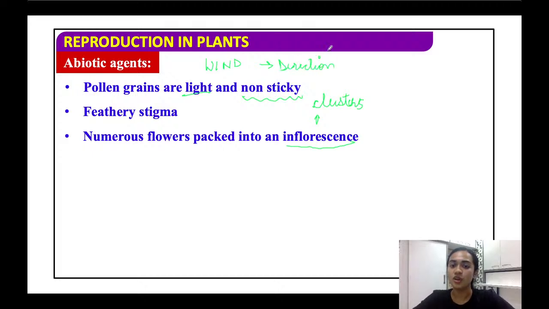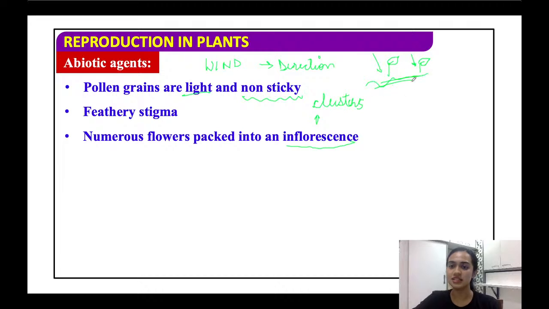So if we have two plants here which need to be pollinated by wind, but the direction of the wind is somewhat like this and not in either direction of the plants, they will fail.